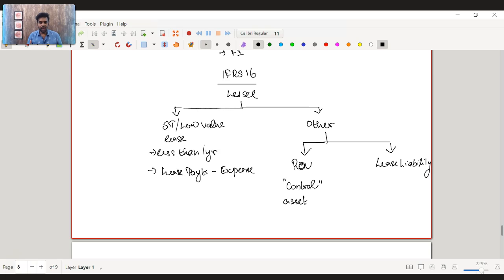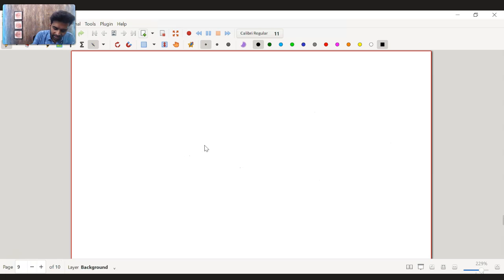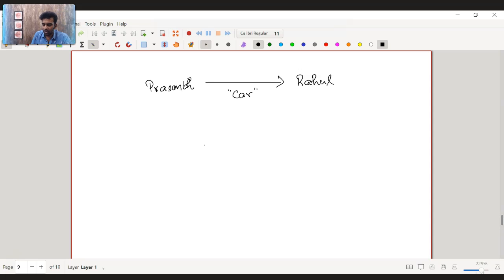Let us say for example, I am Prashant, and I have a vehicle, a car. I gave it to my friend Rahul for a period of, let's assume, 5 years.